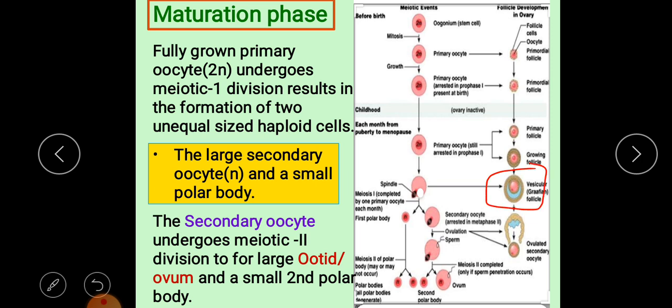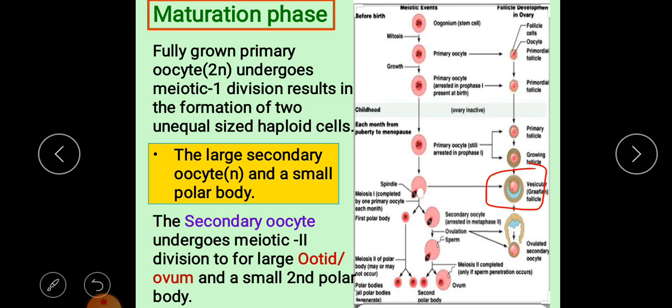When the primary oocyte reaches the maturation phase, the fully grown primary oocyte undergoes meiotic 1 division; at the initial stage it was arrested in prophase 1 of meiosis 1.